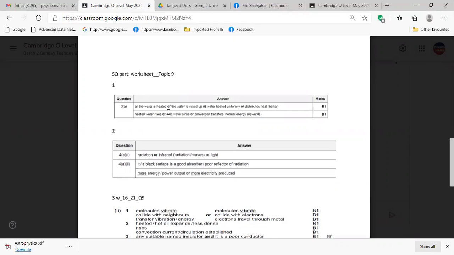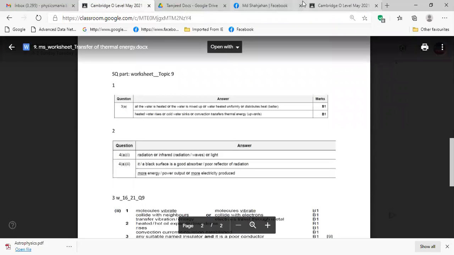So that one clearly came in your discussion. This one, that heated water rises and cold water sinks, you brought, and circulation you brought. Now all the water is heated, or the water is mixed up, or water heated uniformly. This idea came in your discussion or not? We have to check that one.